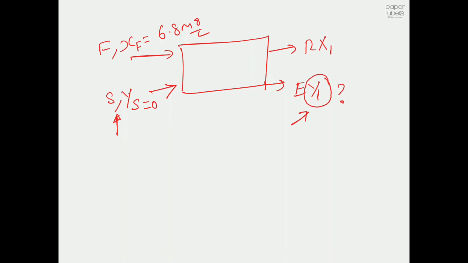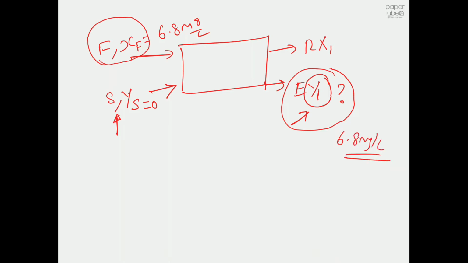Yield is the amount of solute or steroid you have in the extract phase, divided by the amount you have in the feed solution. You take the ratio, and that gives the efficiency of your process. If you get 6.8 milligrams per liter in the extract side, it means 100% yield.